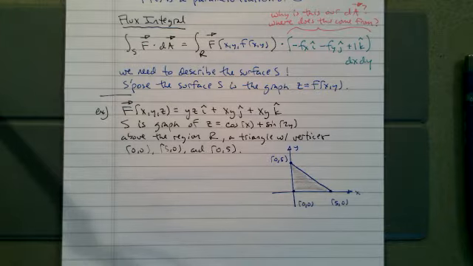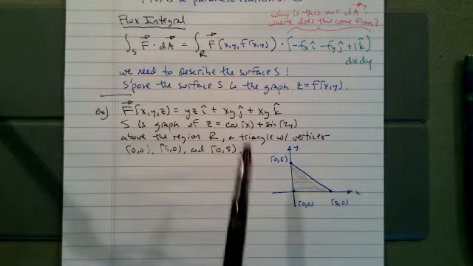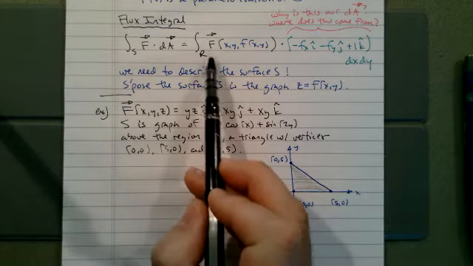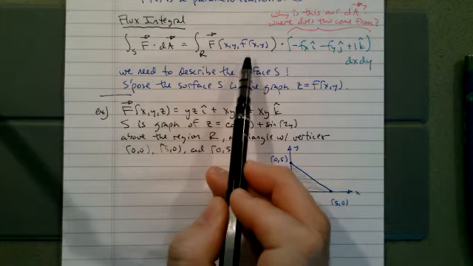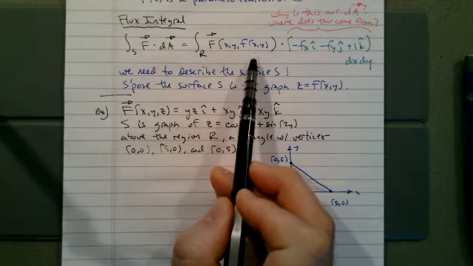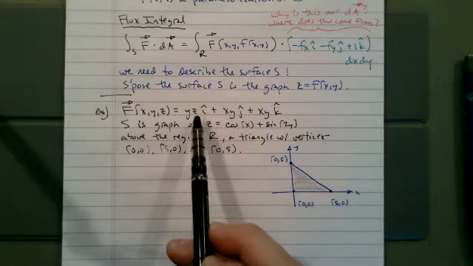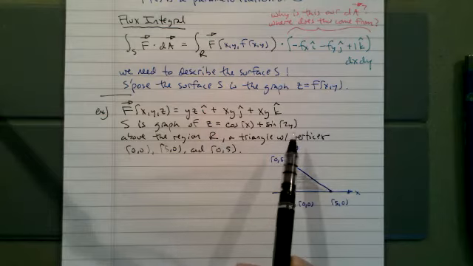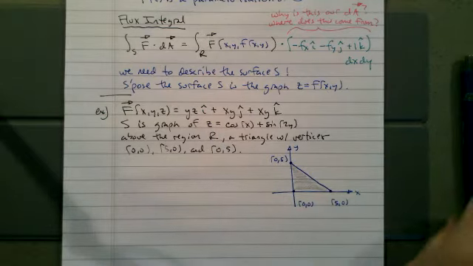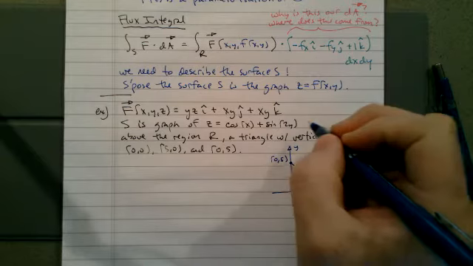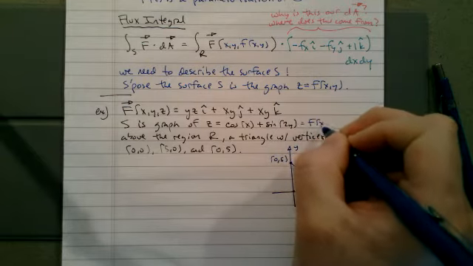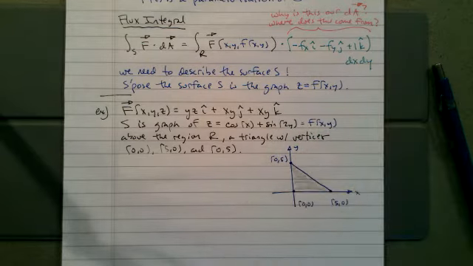So I need to evaluate the vector field at x, y, and f at x, y. What we're doing is replacing z with our function f at x, y, the surface.